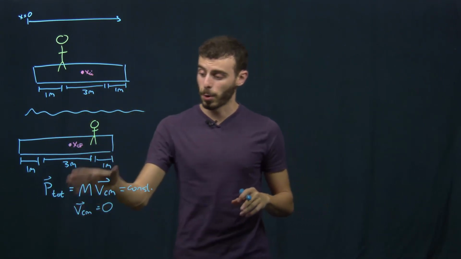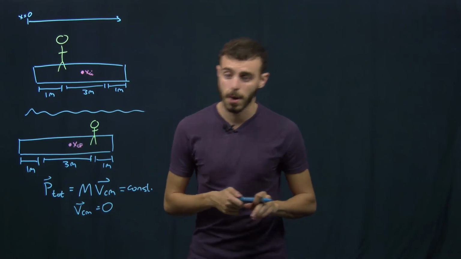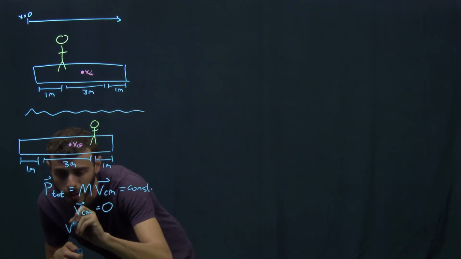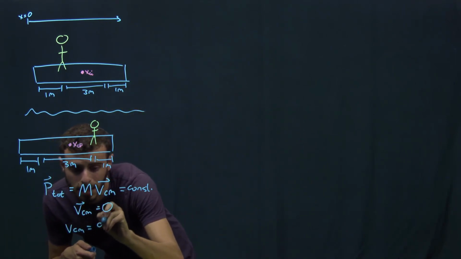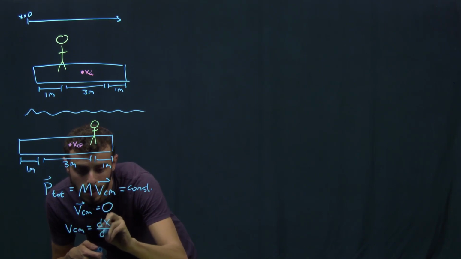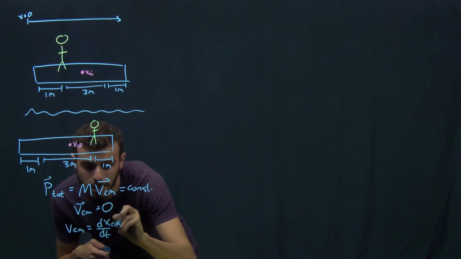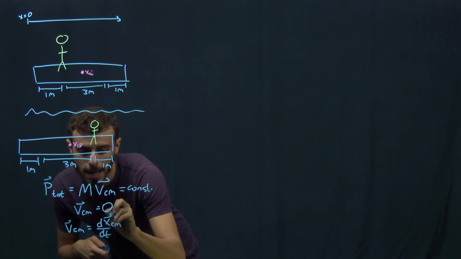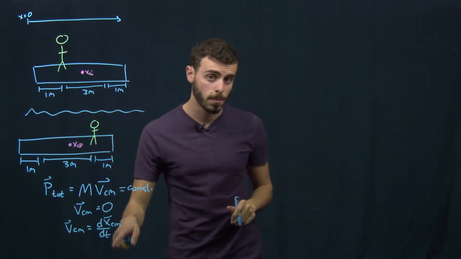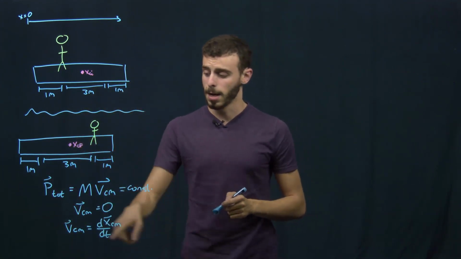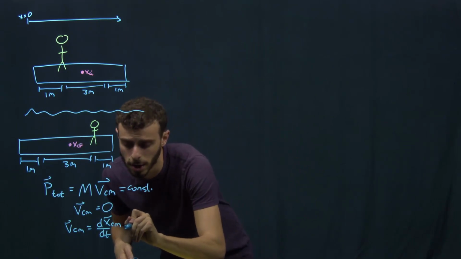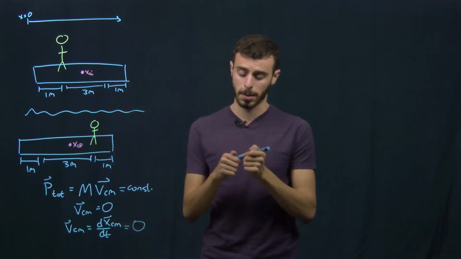And so our special point, the center of mass, its velocity is 0. And even further, we can recall a velocity is basically just equal to d/dt of the position. So in this case, for our center of mass position, which is something we can solve for directly, the d/dt, the change with time, is going to be equal to 0.